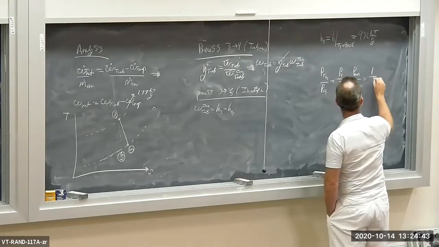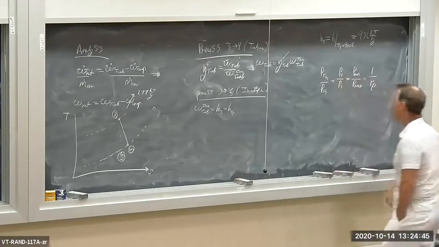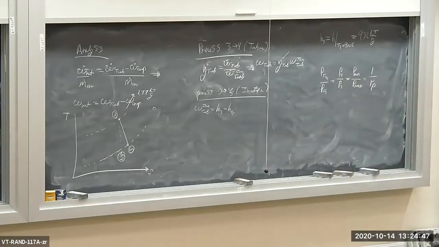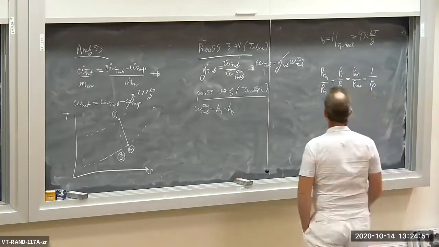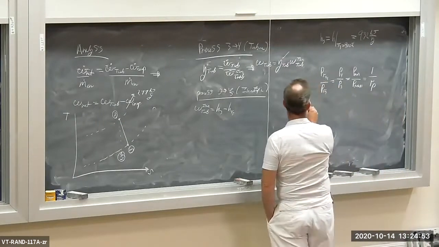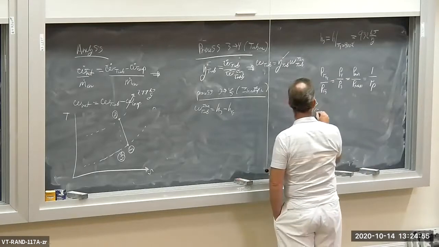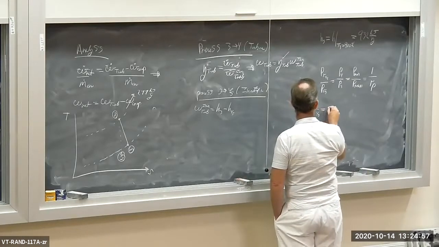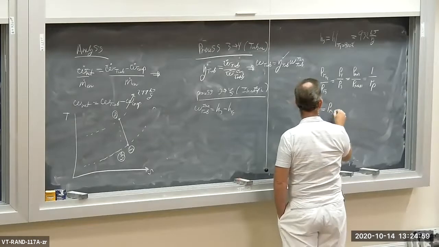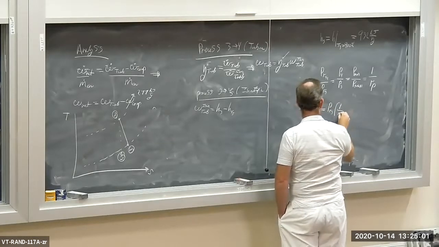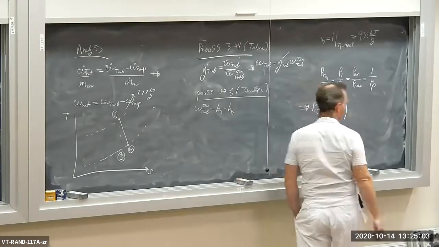So this is 1 over the pressure ratio. Okay? Isentropic process. So PR4 sub S is equal to PR3 times 1 over the pressure ratio.